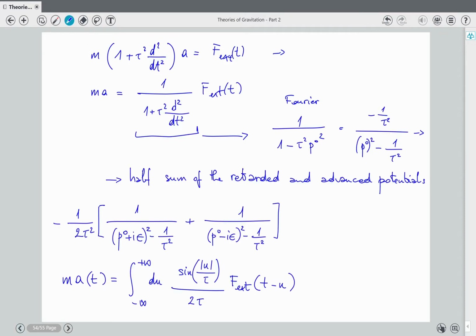So when tau goes to 0, this MA becomes F. F is equal to MA. Otherwise, you have a strongly oscillating factor, a convolution with a strongly oscillating function that tells you that basic space and time oscillates everywhere, and the frequency is 10 to the minus 36 seconds.